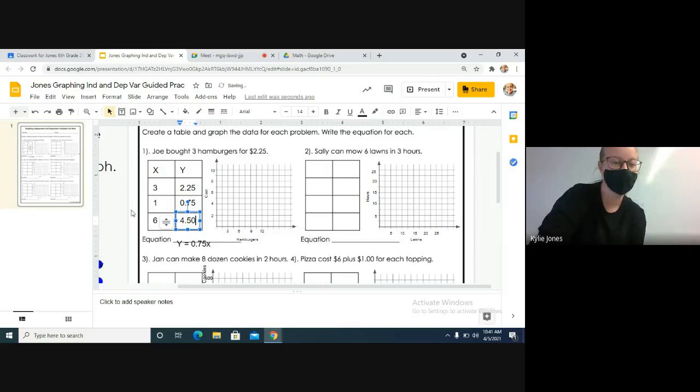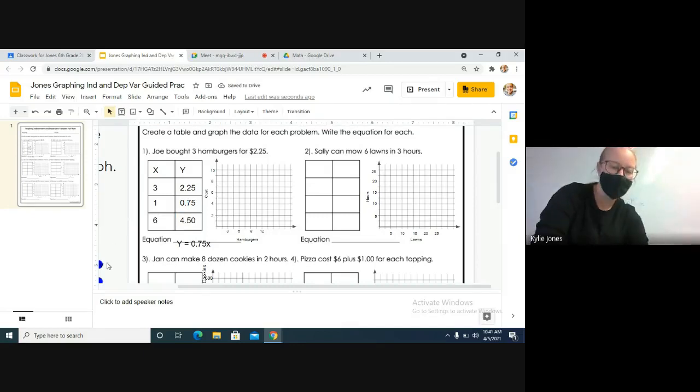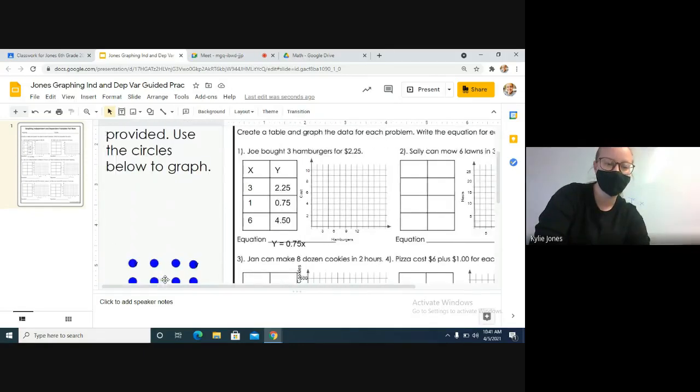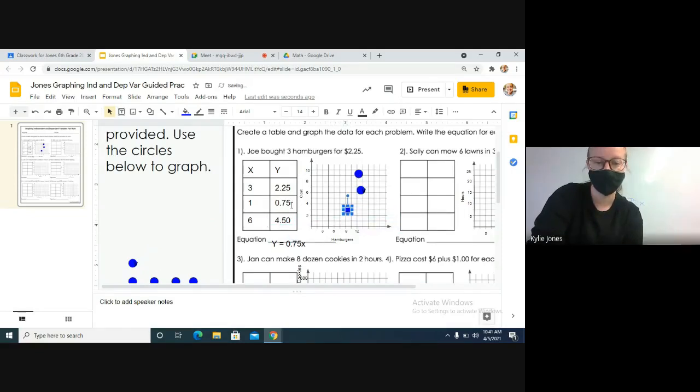It's $4.50. So I'm going to pull 3 of these dots over here and just stick them over here for right now so that we have a couple. We need just 3 dots, right? Okay, so there's my 3 dots.